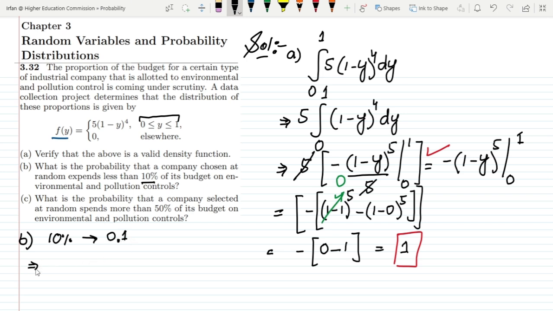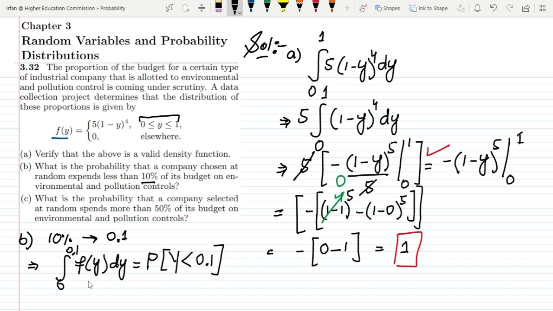Therefore, integrating f of y from 0 to 0.1, the higher range, f of y dy, will be the probability that the expenditure will be less than 0.1.